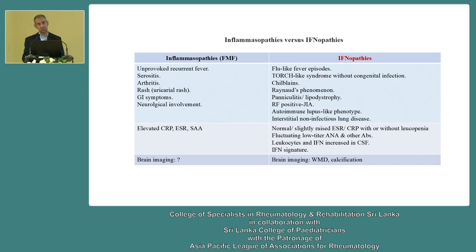They have interstitial lung disease, devastating CNS involvement, and they may also have white matter changes and intracranial calcification. So there are differences between the two entities, although both fall under the umbrella of autoinflammatory disease. So you have to be careful when you make a diagnosis of autoinflammatory disease. Is it the classic one, or the new, interferon pathway related one?